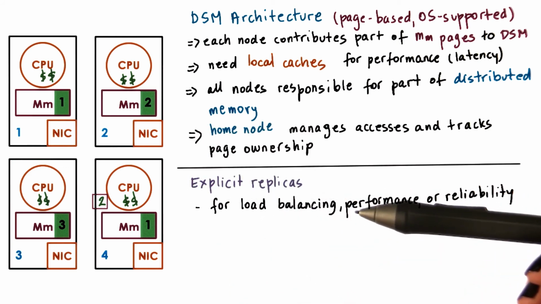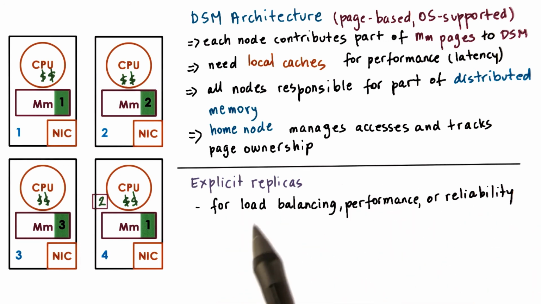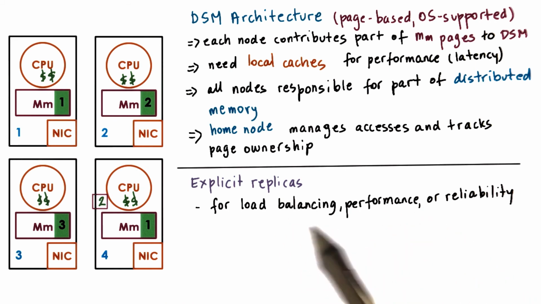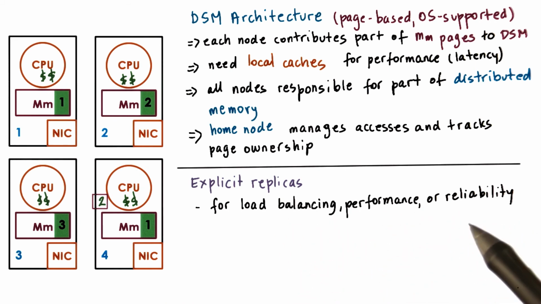In addition to creating page copies via caching in an on-demand manner, page replicas can be explicitly created for reasons such as load balancing, hotspot avoidance, or reliability reasons so that the page contents do not disappear if some node in the system fails.